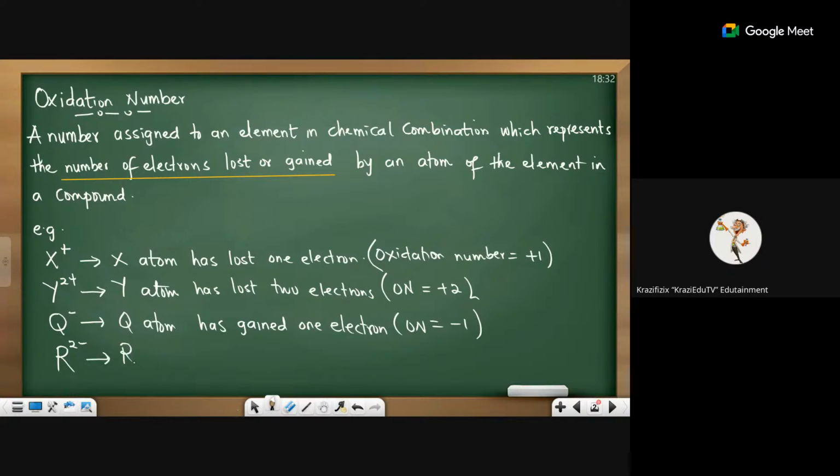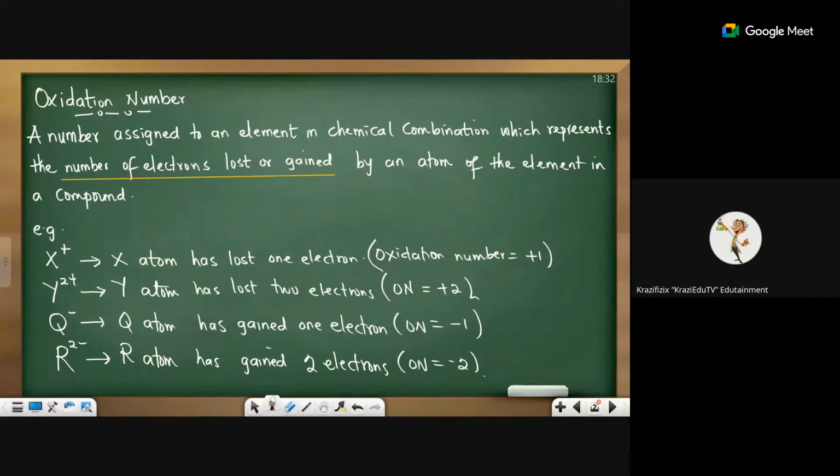It means R atom has gained 2 electrons. So basically, take note.